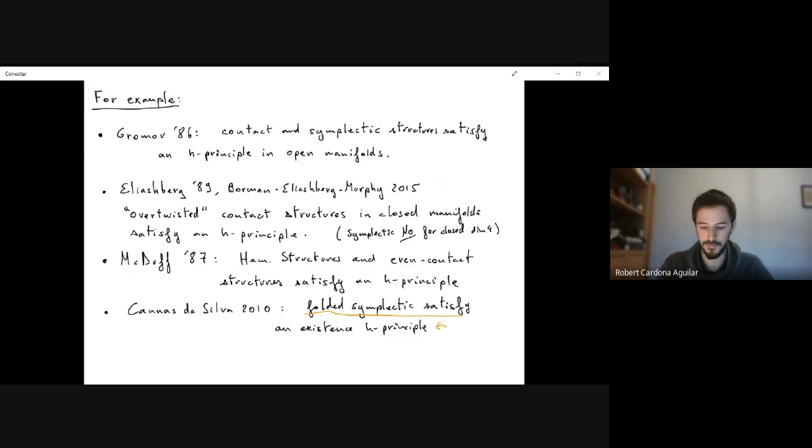For symplectic structures on open manifolds, this is true, but on closed manifolds, it was proved that in dimension 4, they do not satisfy an H-principle. I think in higher dimensions this is open, but in dimension 4, McDuff and somebody else proved that there is a manifold which admits a formal symplectic structure but admits no symplectic structure.